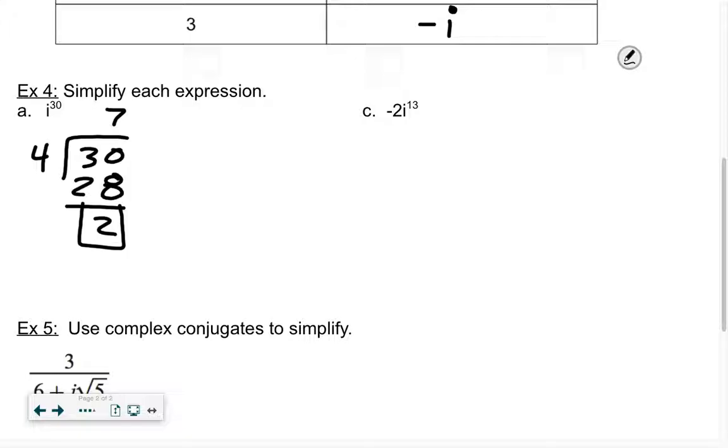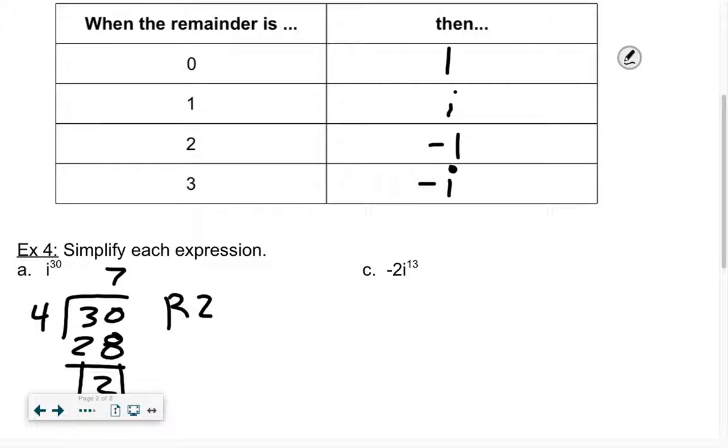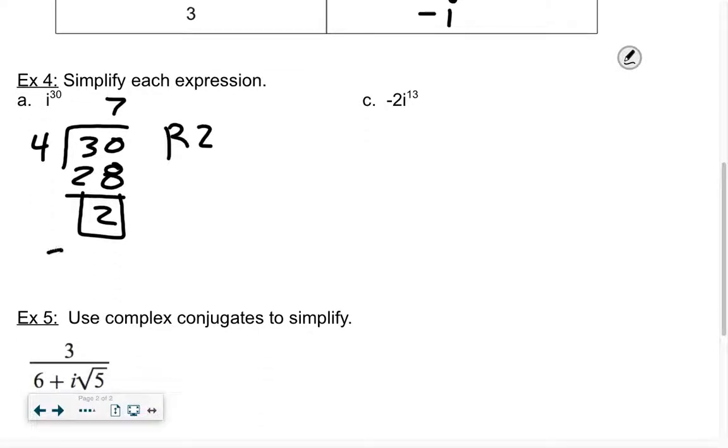So I go back to my chart. The remainder is 2, and my chart tells us that if I have a remainder of 2, then that's simply negative 1. So if they give me i to the 30th, I know that's going to be equal to negative 1.